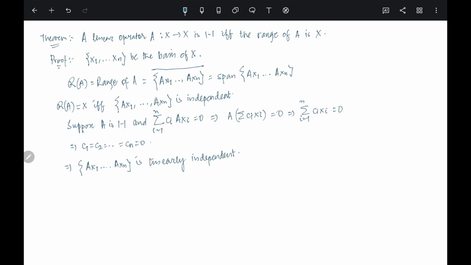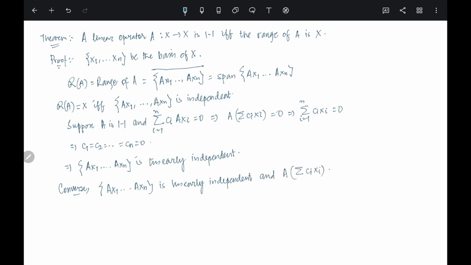Now let's look at the converse. Let's say that the set A of x1, A of x2, ..., A of xn is linearly independent, and A of summation Ci xi is 0.